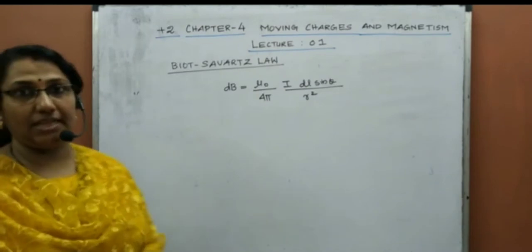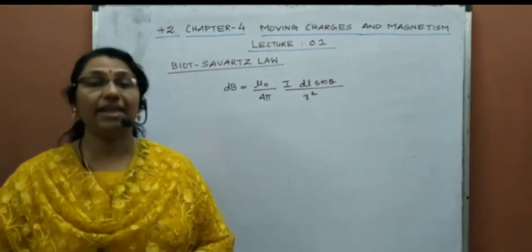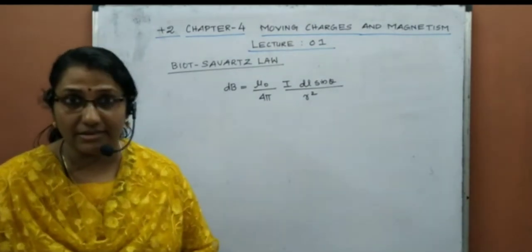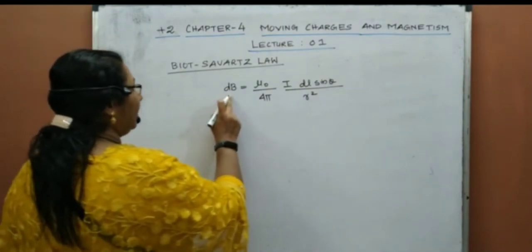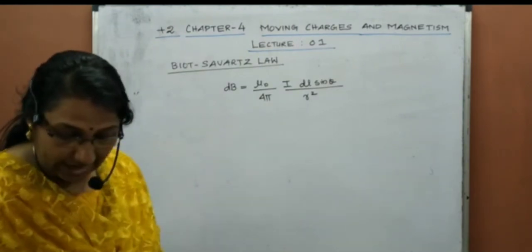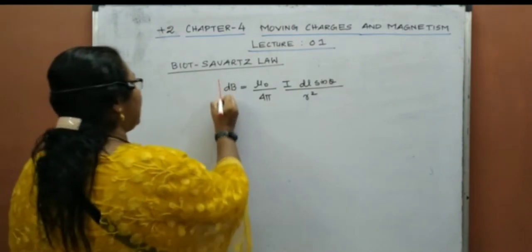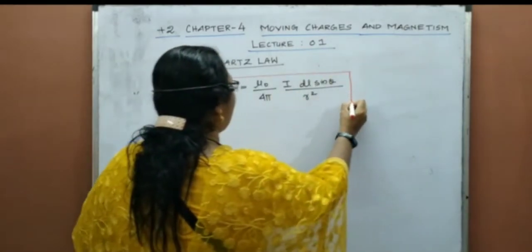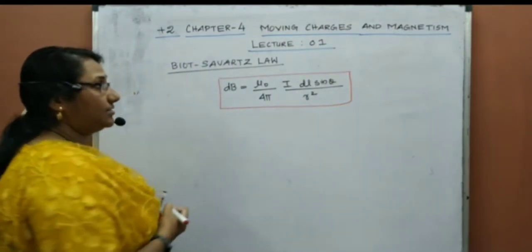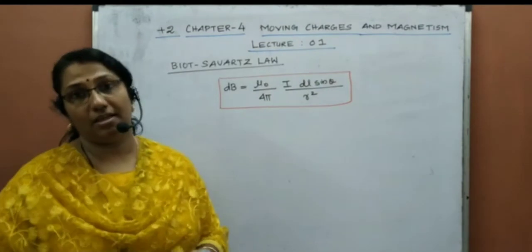Clear? The magnitude of field due to a very small current carrying segment is obtained by the equation mu 0 by 4 pi I dl sin theta by r square.